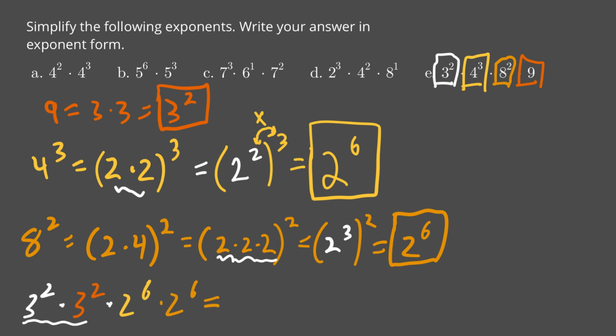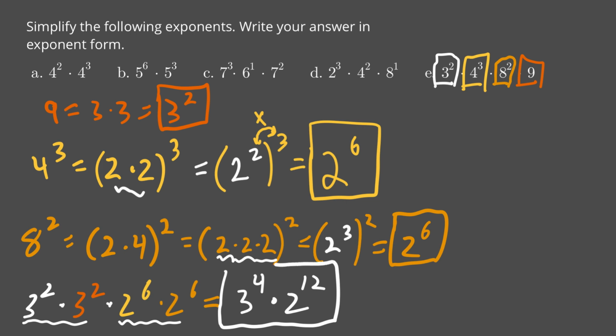The first part is going to be a base of 3. Adding the 2 and 2 together is going to be 3 to the power of 4 times the second part, base 2, adding the 6 and the 6 gives us a power of 12. There's no way we can simplify this further, and it tells us to write it in exponent form. So 3 to the power of 4 times 2 to the power of 12 is our final answer.